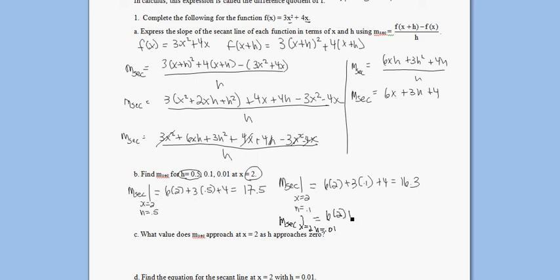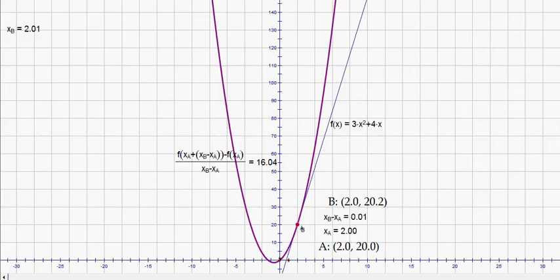So 6 times 2 plus 3 times 0.01 plus 4, we get 16.03. So let's look at the graph. So notice in this case, you really can't tell the difference between A and B because they're so close to each other. They're only a distance of 0.01 away. We're still at the x value 2 just because we decided to choose that one each time and just move our point closer and closer and closer.